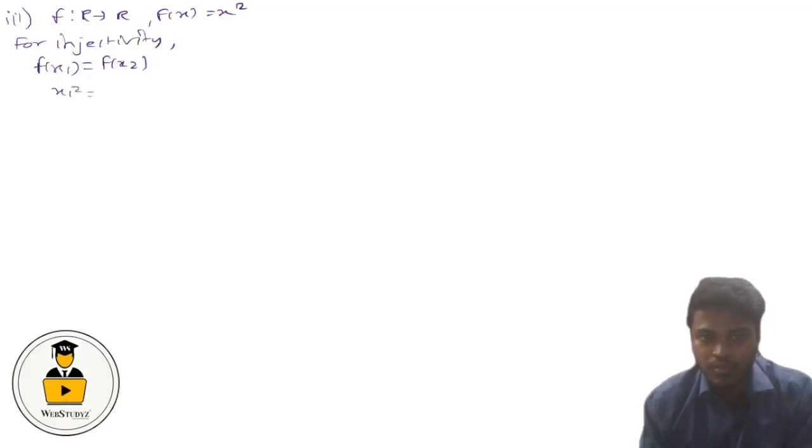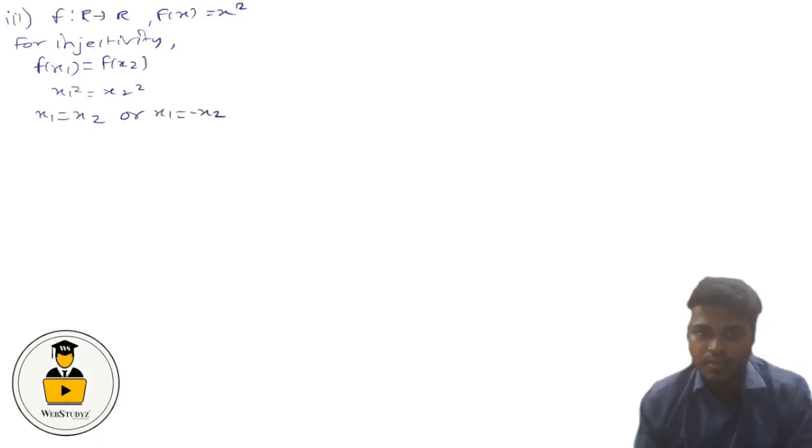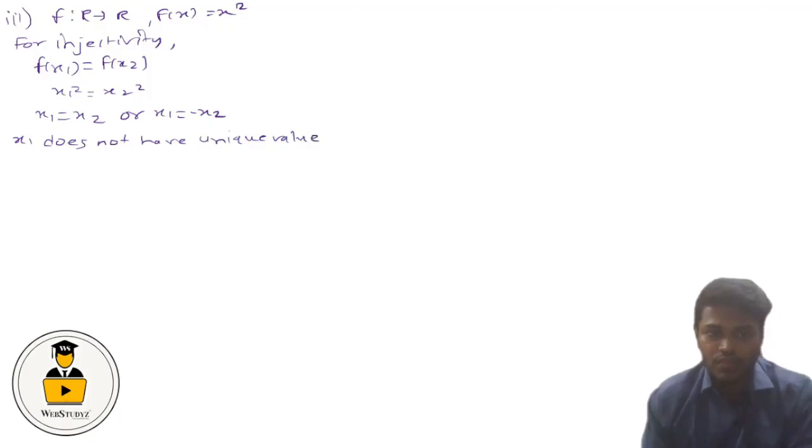So x1 square equals x2 square. Now again it will be x1 equals x2 or x1 equals minus x2. Since our domain is real numbers, x can be positive or negative. So we can say that x1 does not have a unique value, and because of that, f is not injective.